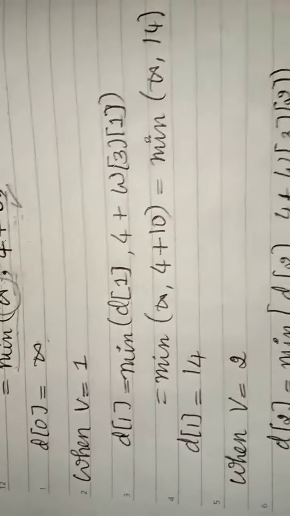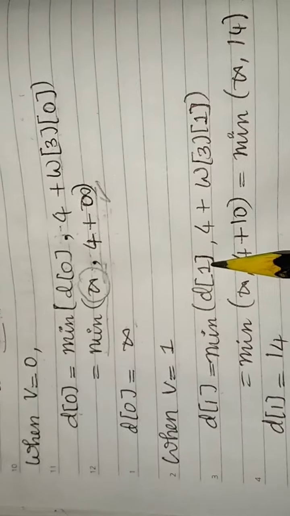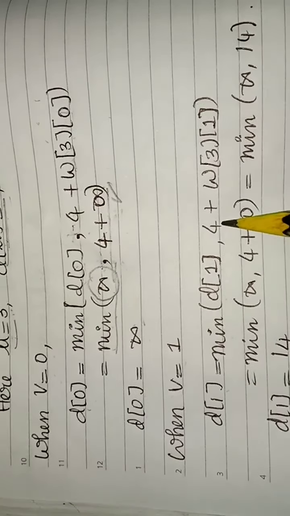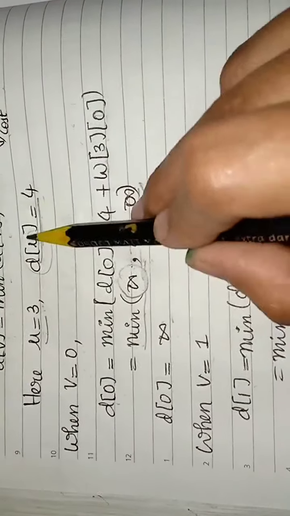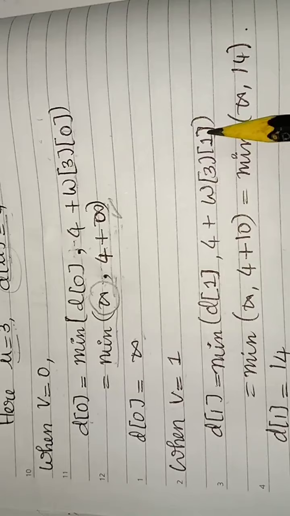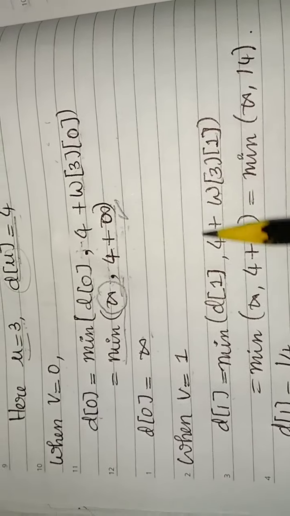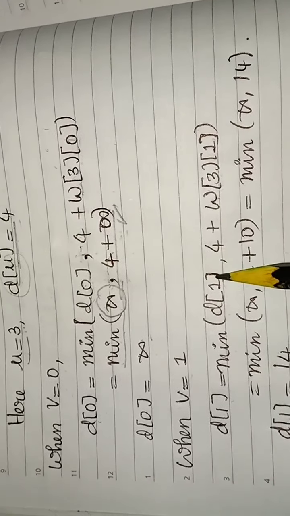Next, the same thing you have to find for V equal to 1. So here d of 1 is equal to the minimum of, just substitute the value, V value is 1, 4 plus, so this will remain the same, d of U, 4, then plus W of 3 comma V. So only the V value changes, the rest of the things remain the same.